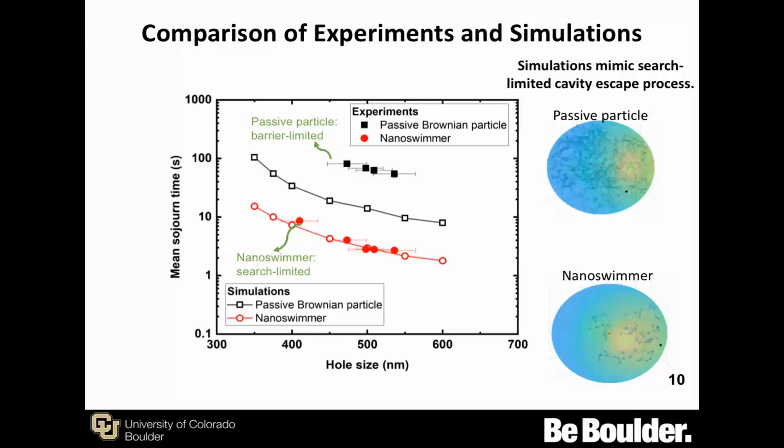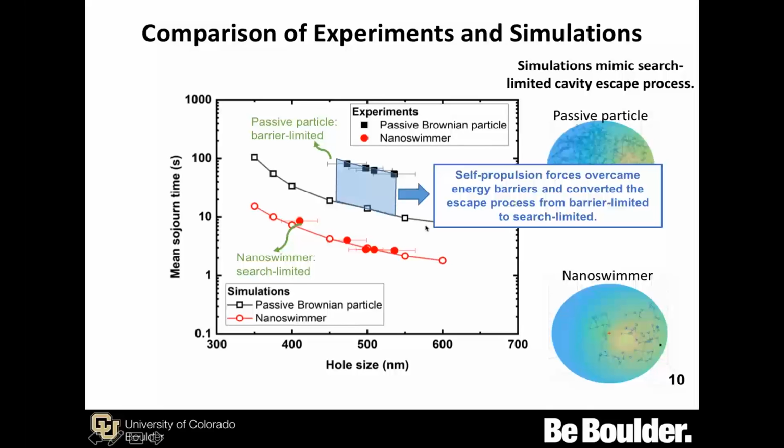We only consider this as a search limited process. Therefore, the difference between the Brownian particle experiment data and the simulation result is because of this kind of energy barrier. So the first part of the difference may be because the self-propulsion force overcomes the energy barrier and converts the escape process from barrier limited to search limited.